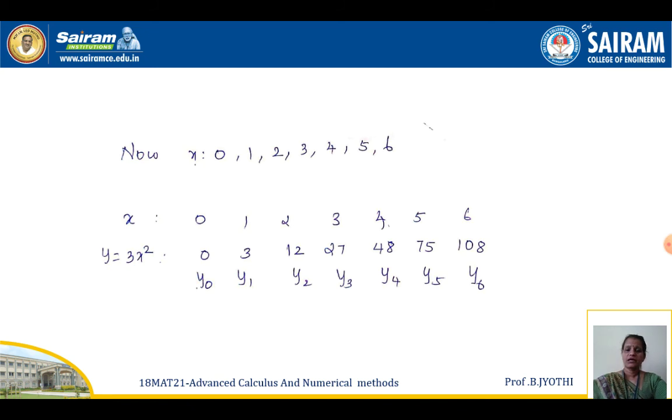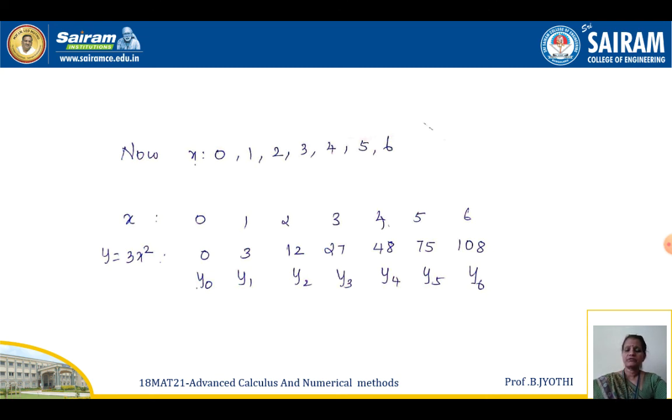Now x is taken as 0, 1, 2, 3, 4, 5, 6. That is, we start from 0 to 6 with an increment of 1 so that the interval is equally divided. Now we can calculate y by taking the function y = 3x².